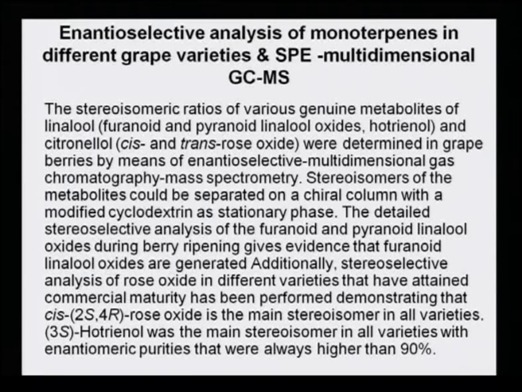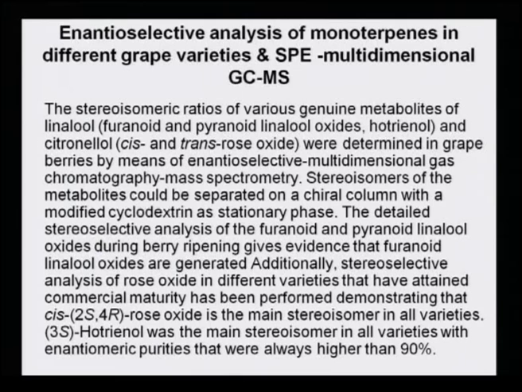Stereoisomers of the metabolites could be separated on a chiral column with a modified cyclodextrin as stationary phase. The detailed stereoselective analysis of the furanoid and the pyranoid linalool oxides during berry ripening gives evidence that furanoid linalool oxides are generated.